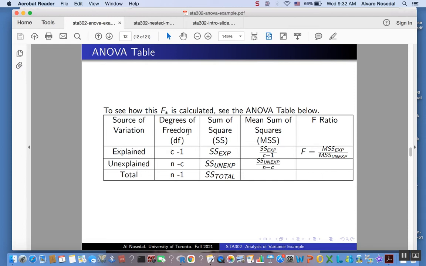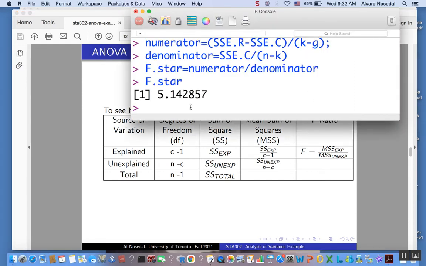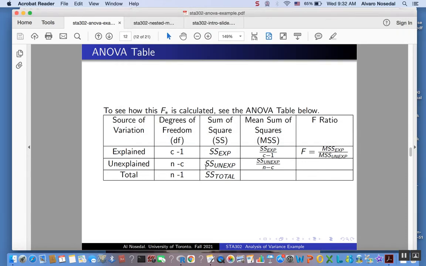The second column is the degrees of freedom, the third column the sum of squares, the fourth column the mean sum of squares, and then finally an F. You're going to see that there's a very close relationship between that table and the test statistic we just computed here.